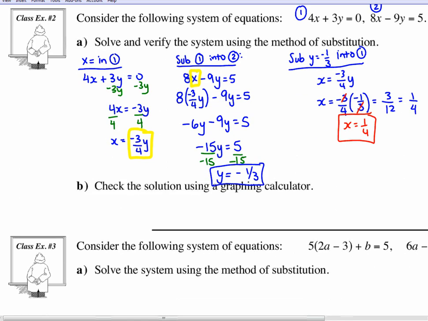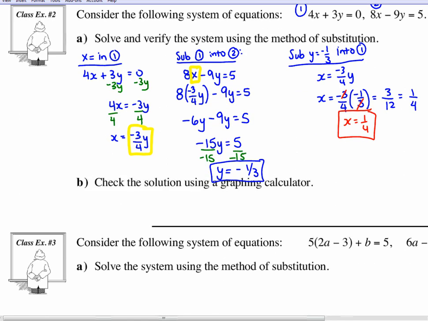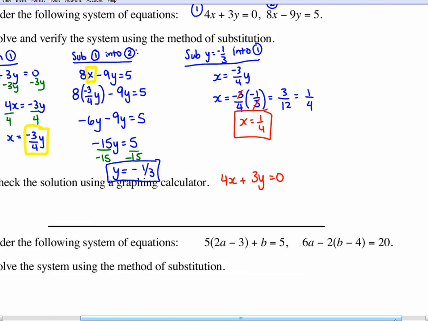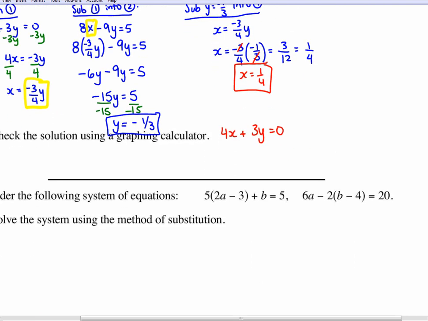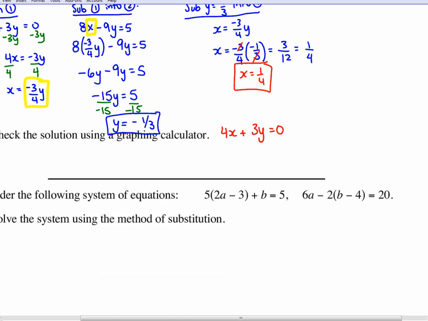Your check, you could just type that in your calculator. Okay, so we need to check both equations. I'm just writing my 4 as y. 4 times a quarter plus 3 times negative a third equals 0.